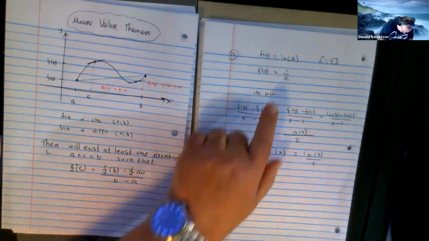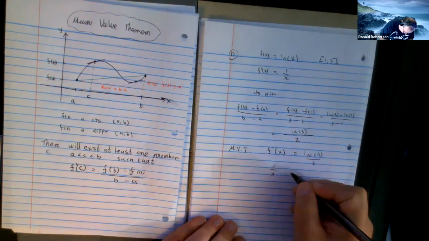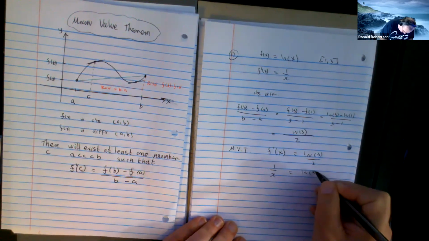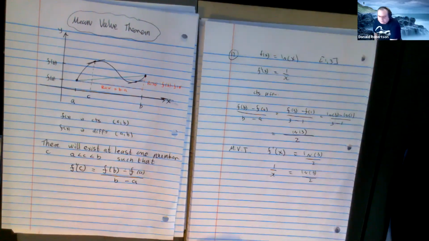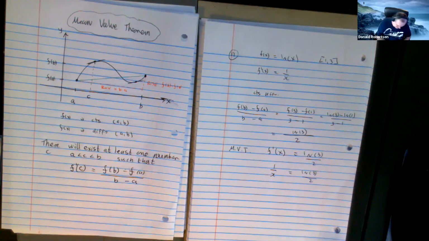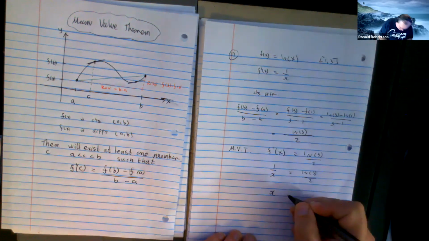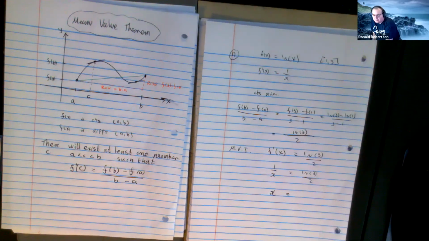Now the derivative is just 1 over x, which is that guy. Agreed? Okay. Without any hard work, tell me what x is.